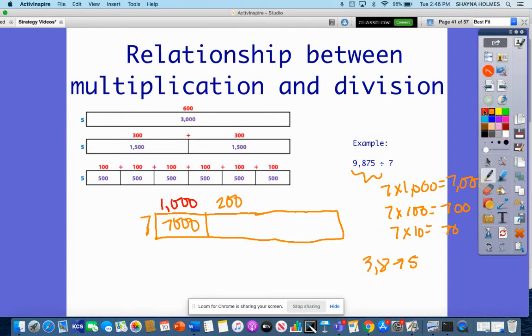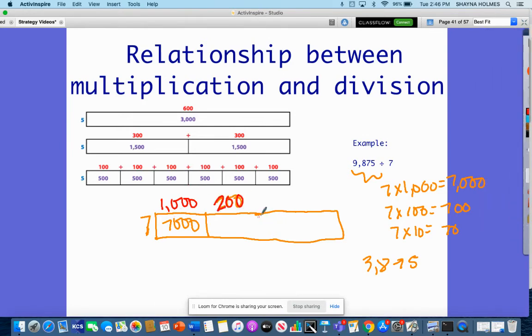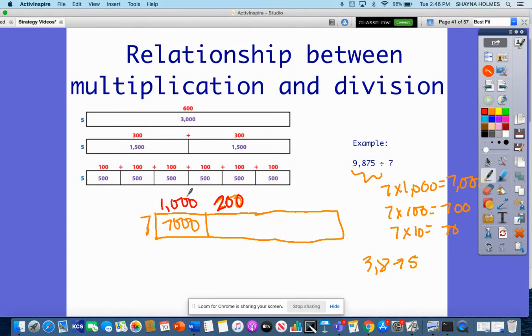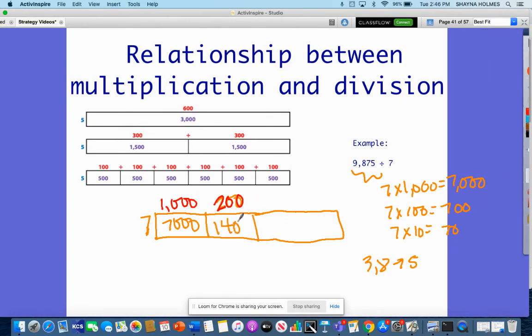Once again, I need to do my red. 7 times 200 would be 1,400. What is that? That gives me 8,400.